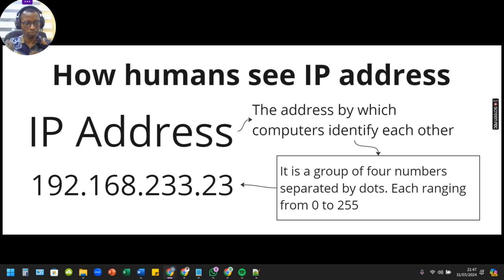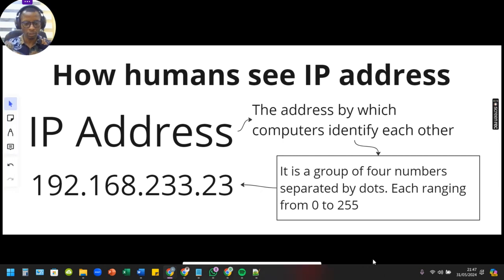There are four numbers separated by three dots. Each of those numbers can range from 0 to 255. And why 255? Well, you may need to find out later.